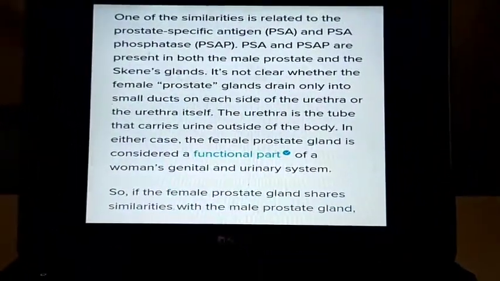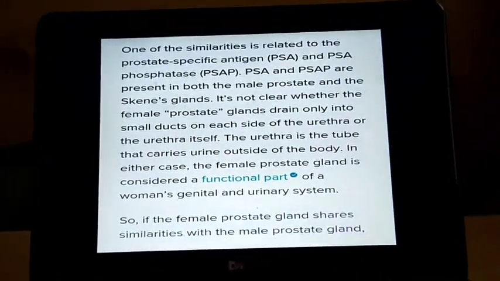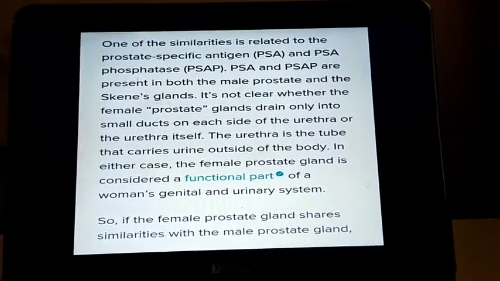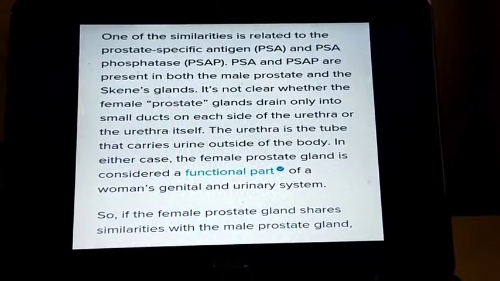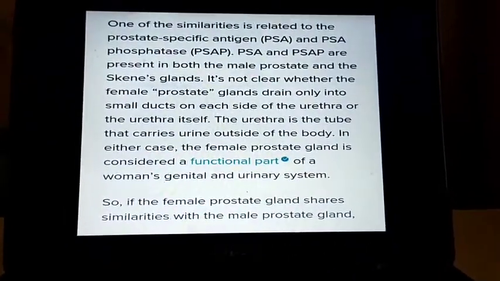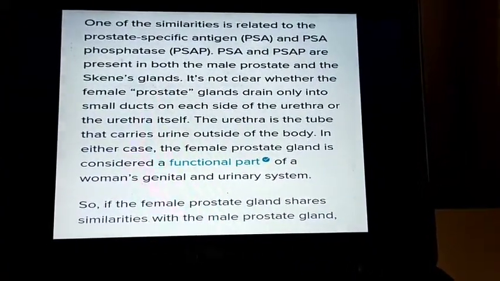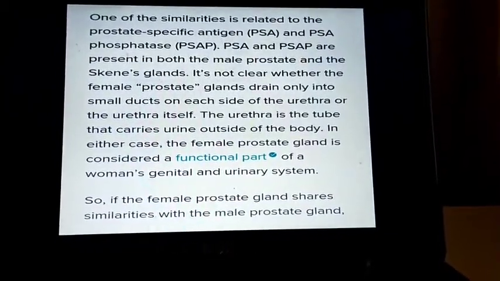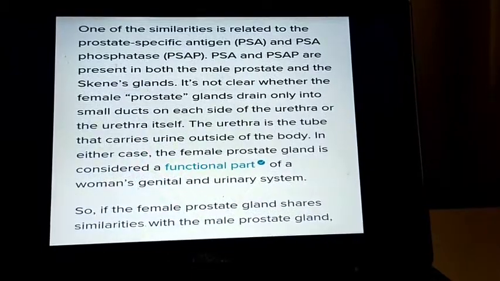It is a very important marker, which you can use to confirm benign prostatomegaly or malignant prostatomegaly, and for diagnosing cancer of the prostate or benign tumor of the prostate.